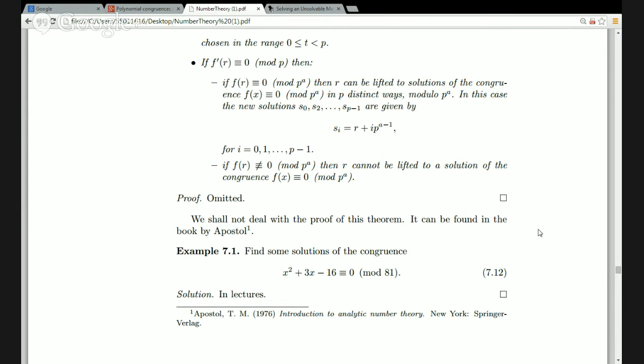Where T is the solution to this linear congruence modulo 3. So we have 5, see the formula, it's f prime of r times t, so f prime of r was 5, so it's 5 times t plus f of r. What's f of r? f of r is minus 12. Which we got minus 12 divided by p to the a minus 1, so divided by 3. So we're considering this congruence modulo 3.